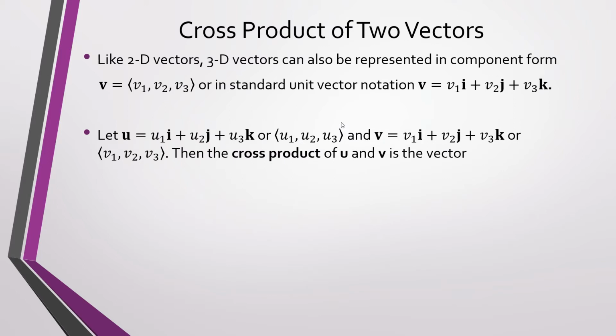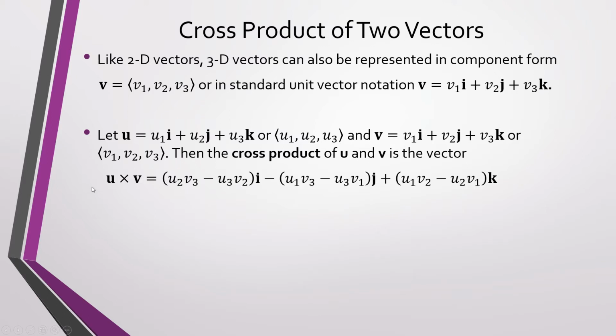So if we have a vector u and a vector v in either the unit vector notation or component form, the cross product of vectors u and v, the vector u cross v, is equal to u sub 2 times v sub 3 minus u sub 3 times v sub 2, i, minus u sub 1 times v sub 3 minus u sub 3 times v sub 1, j, plus u sub 1 times v sub 2 minus u sub 2 times v sub 1, k.